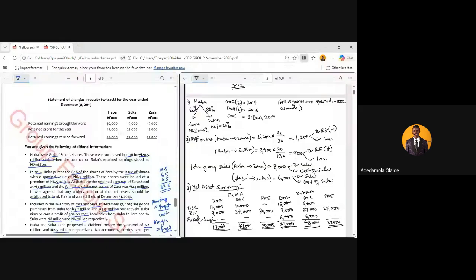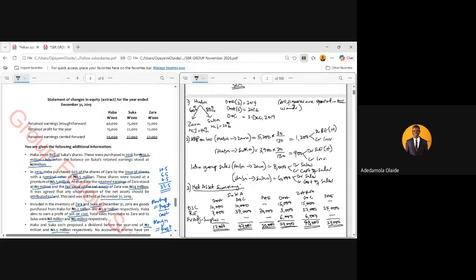Normally, they will give us the fair value of the asset on that day, the fair value of the net asset on that day. So in the case of Suka, they did not tell us what the fair value of the asset is on that day, and we cannot assume, we cannot do what?